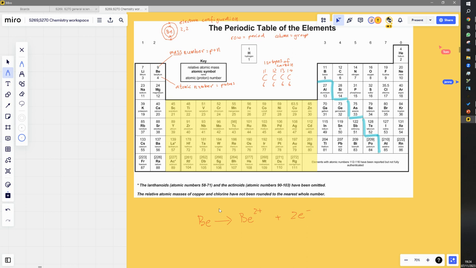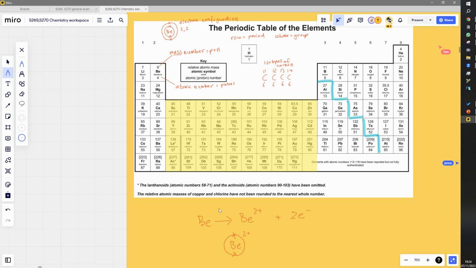The reason why it forms a double positive charge is because it now has 2 fewer electrons, and before it had an equal number of electrons and protons, so it's lost some of the electrons. So the beryllium ion will lose that outside shell and just have the inner shell and this double positive charge.